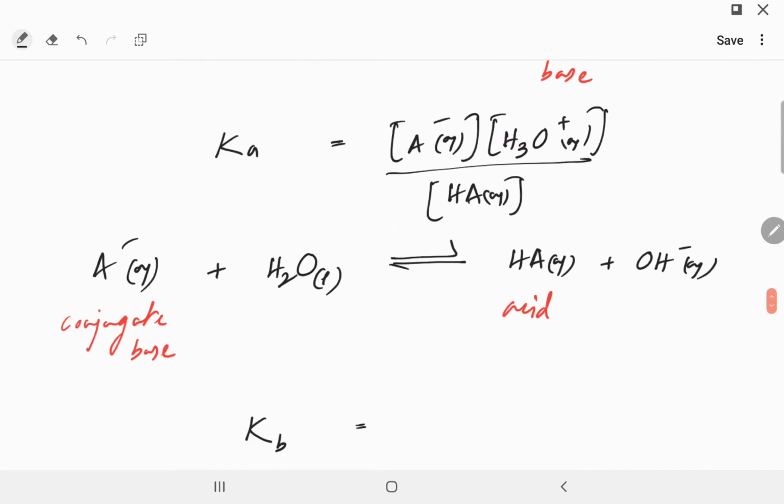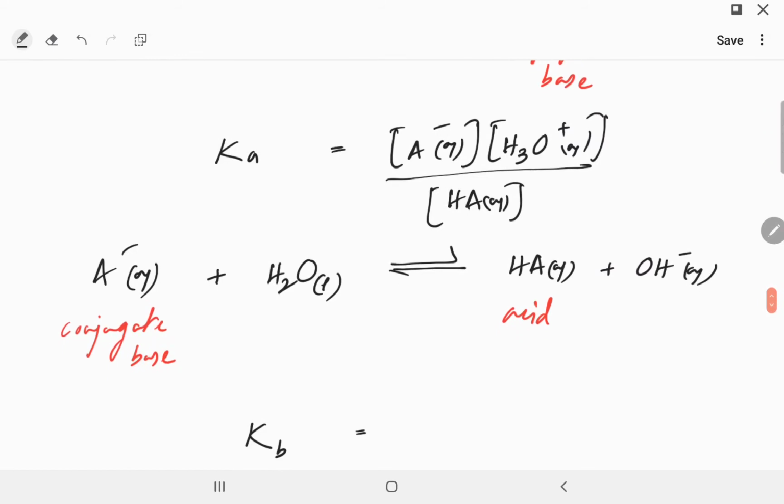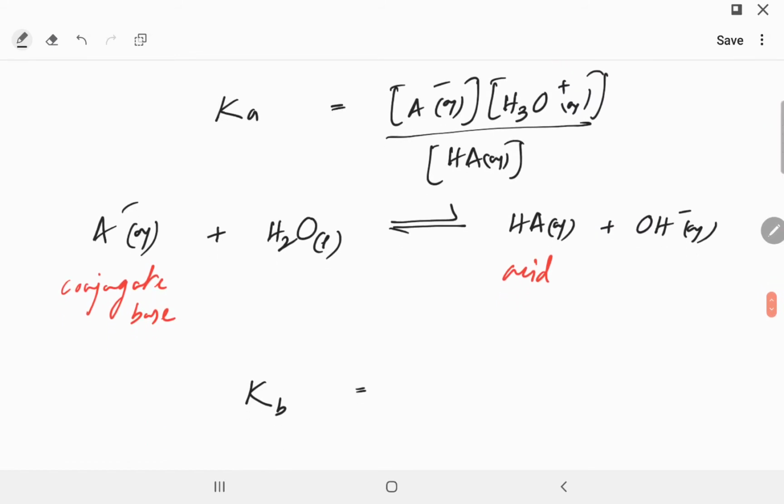The conjugate base that you have generated from the previous reaction can also go back and produce the acid. This reaction is a basic reaction. Why? Because you are forming OH minus ions. Conjugate bases reacting with water to give you an acid and OH minus is a basic reaction.